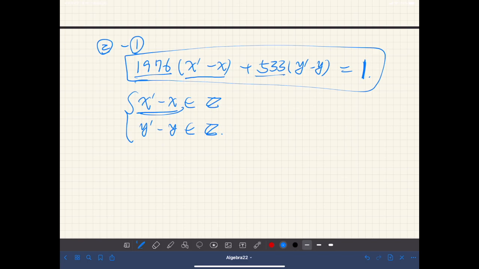This means if 1 is the greatest common divisor of these two numbers, then there exist such integers. But that's not true. Of course, we know that the greatest common divisor of these two numbers is 13.